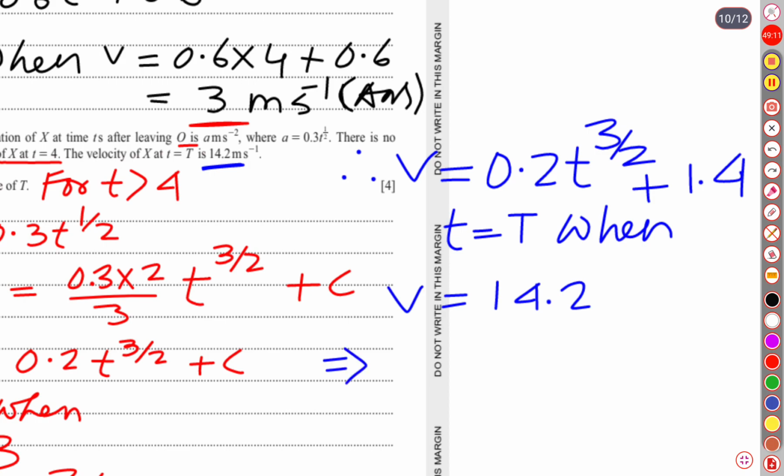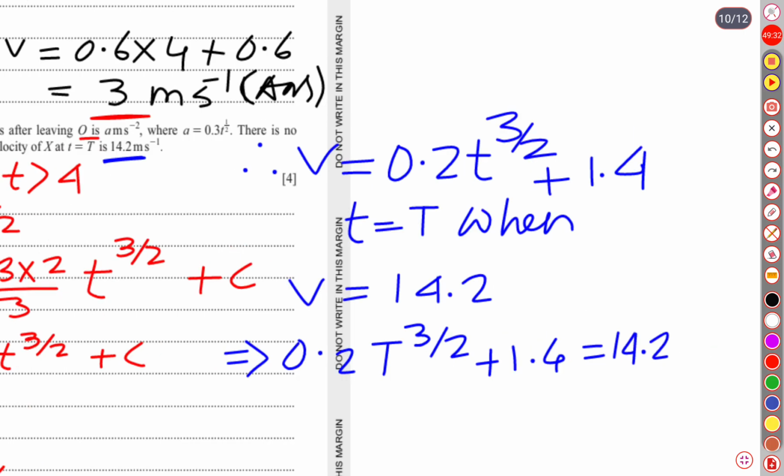Our velocity expression is 0.2 t raised to 3 over 2 plus 1.4 is equal to 14.2, or 0.2 T raised to 3 over 2. If we subtract 1.4 from 14.2, it is going to be 12.8.